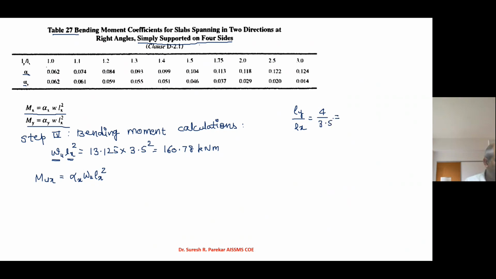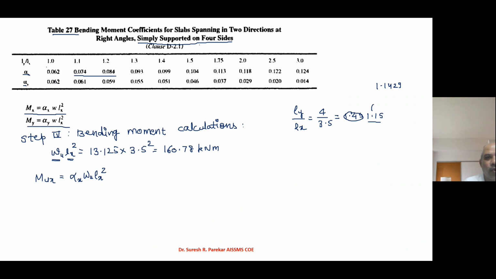If we calculate this value, we get Ly by Lx as 1.142 or something, so approximately 1.15. It actually comes 1.1429 or somewhat like this, so I will consider 1.15.